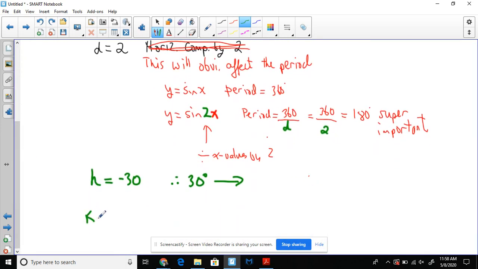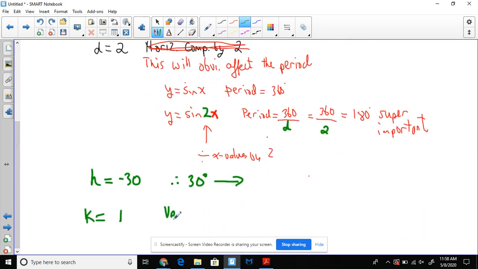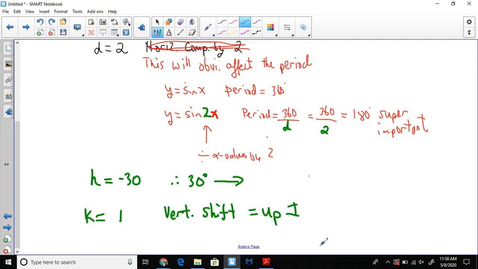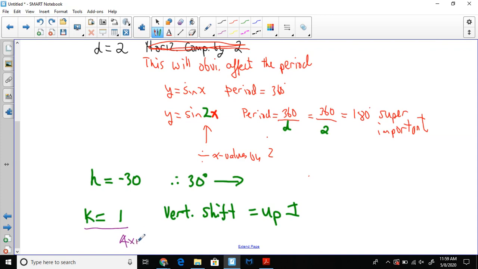And then my K value is 1. Let me double check. Yeah. So again, that's my vertical shift, which just means I go up 1. But this is also my axis of the curve.